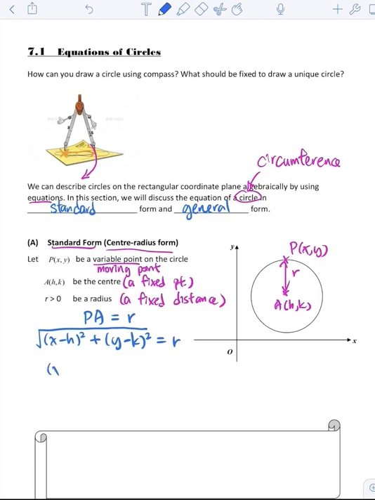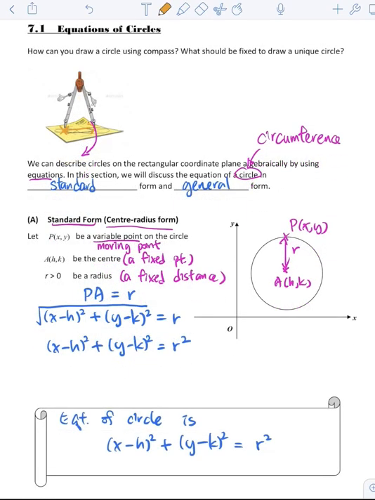By squaring both sides, we get (x minus h) squared plus (y minus k) squared equals r squared. So this is the standard form of the equation of a circle. For this form, we have to know two things. The first important thing is the coordinates of the center. And second, the radius of the circle.